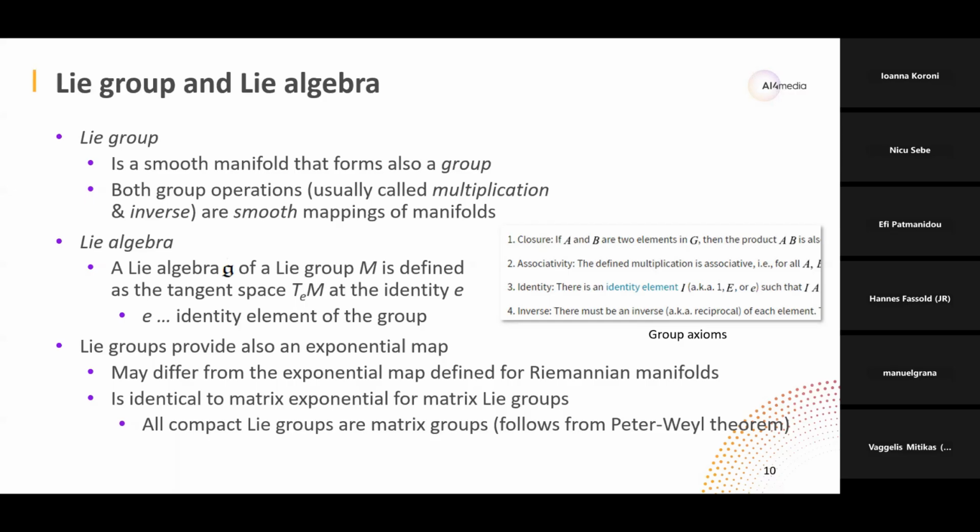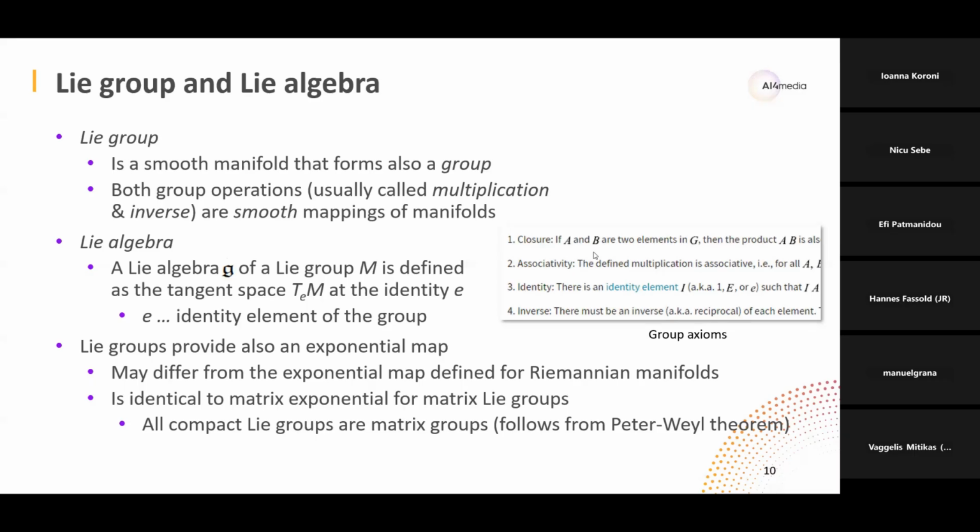The group in the algebraic sense is defined by the four group axioms, which I have here on the right side. So you have the closure, so the so-called product on the group must be also an element of the group.